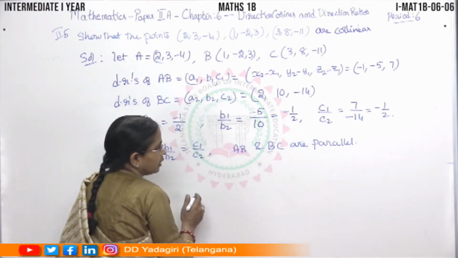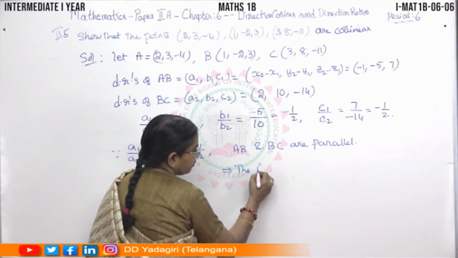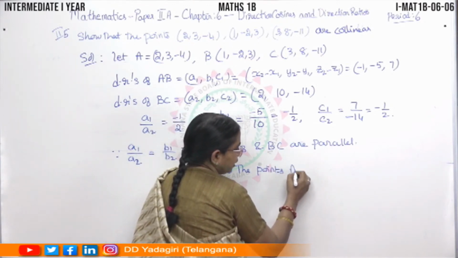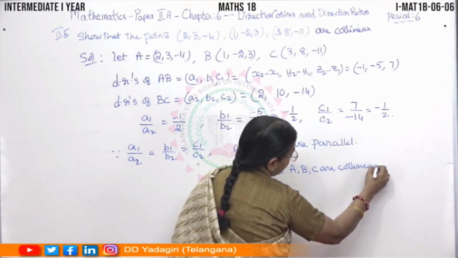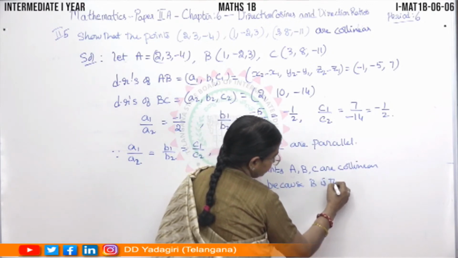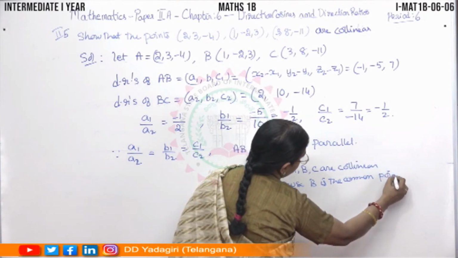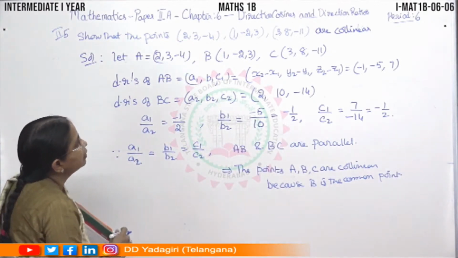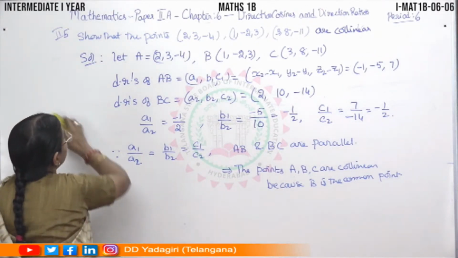So AB and BC are parallel implies that the points A, B, C are collinear, because B is the common point, and it has to lie in the same line. They cannot be different parallel lines like this. So this is another method to show that the points are collinear.